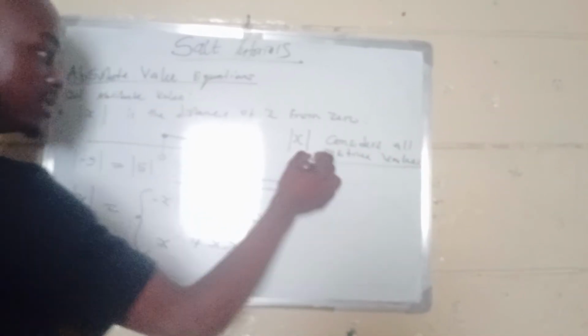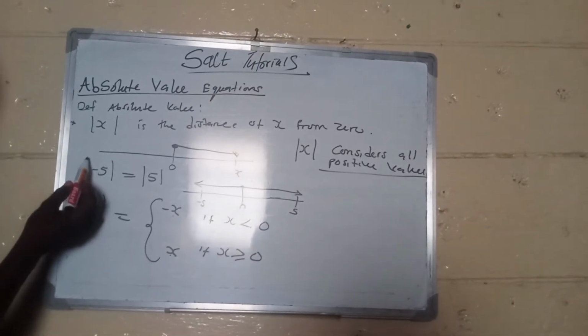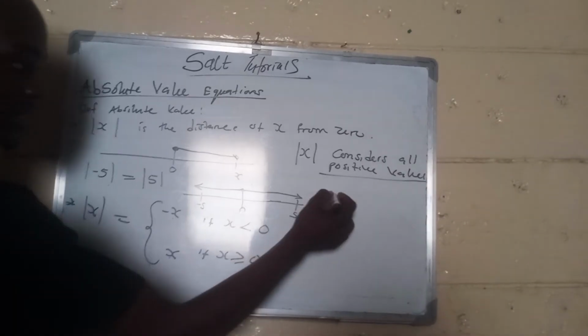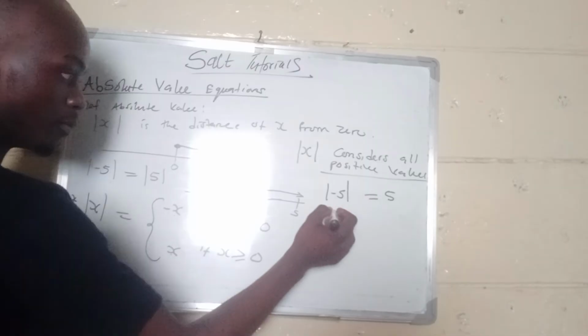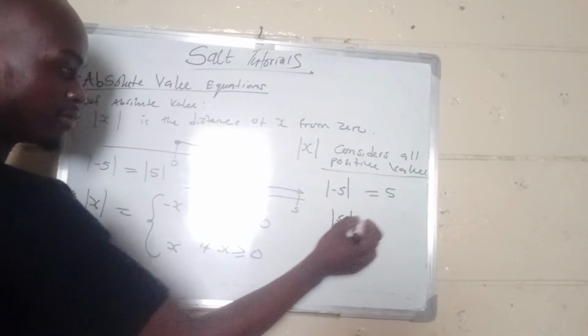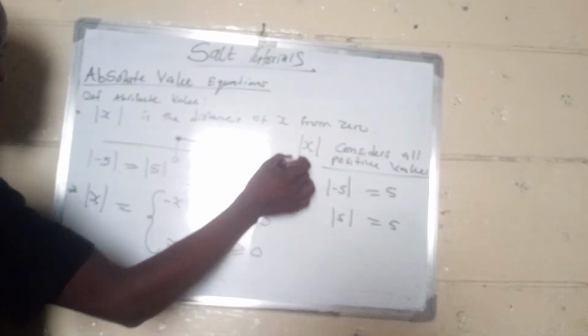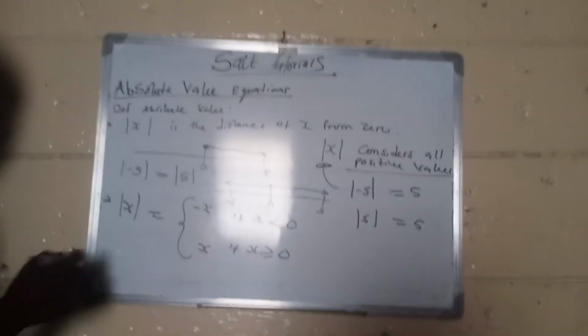So if x is -5, once I put in the absolute value, it will still come out to be +5. So -5 in the absolute value is equal to 5, and +5 in the absolute value is also equal to 5. Why? Because the absolute value always considers positivity.